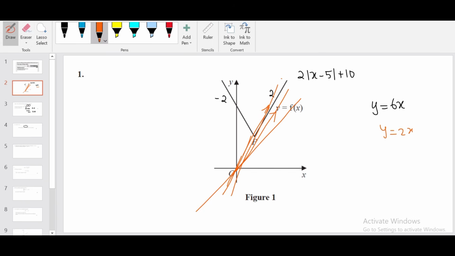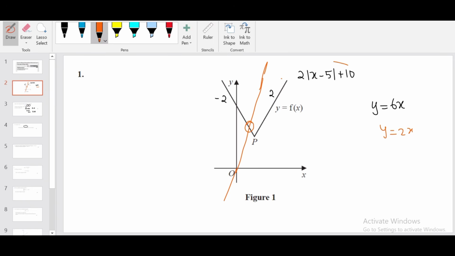But it's y is equal to 6x, right? So the line will be more steep. If it's more steep, the line will intersect only with the negative arm.